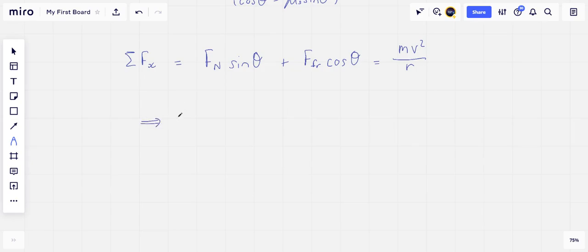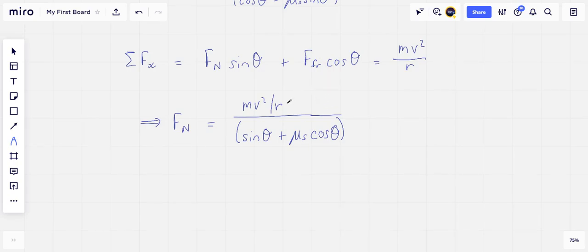So this means that Fn is equal to mv squared over r all divided by sine theta plus mu s cosine theta. Again, we replace F_fr by mu s times Fn.